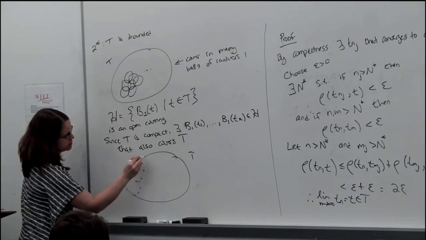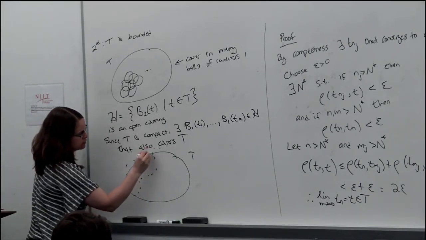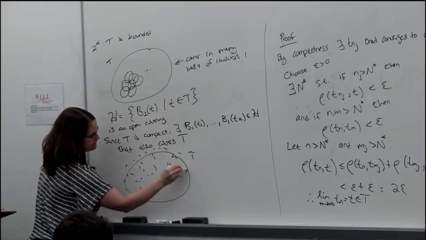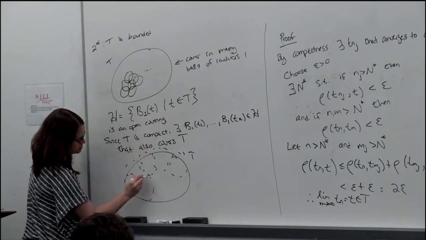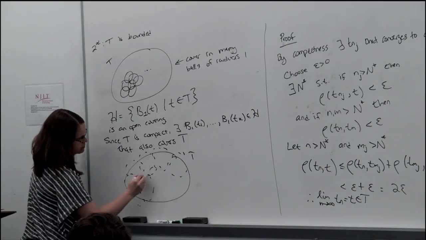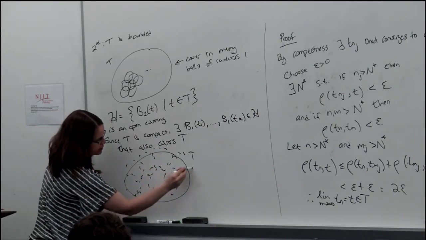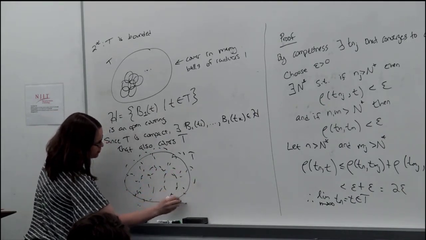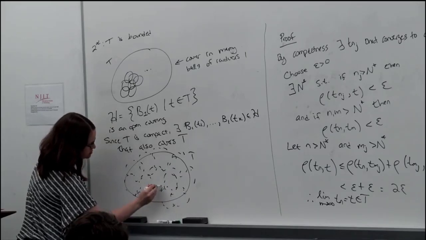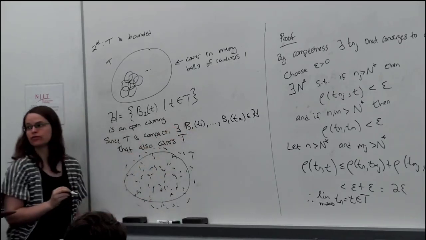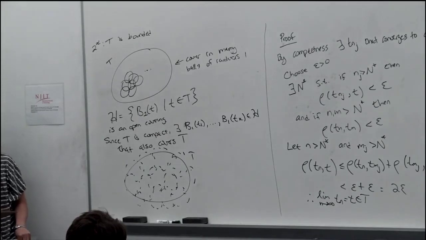I'm going to get rid of most of them. There's some number of these, but it's finite. I've called it K here. There's K balls left in this open covering.